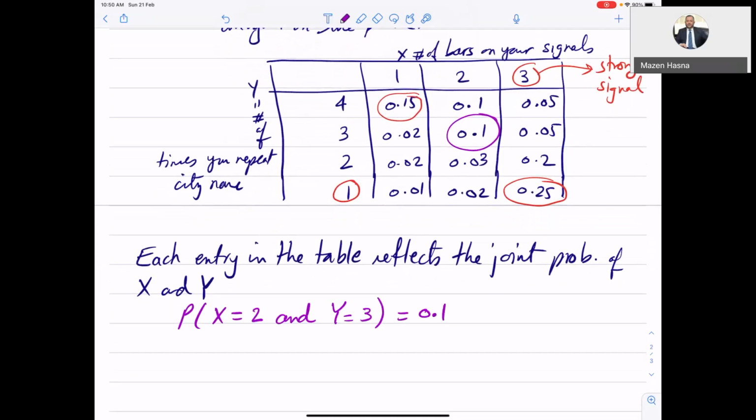You will have 2 bars on your mobile phone, and when you call the agent, you will need to repeat the city name 3 times for the agent to understand what you mean.